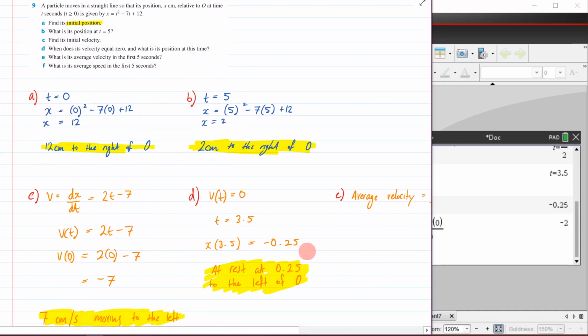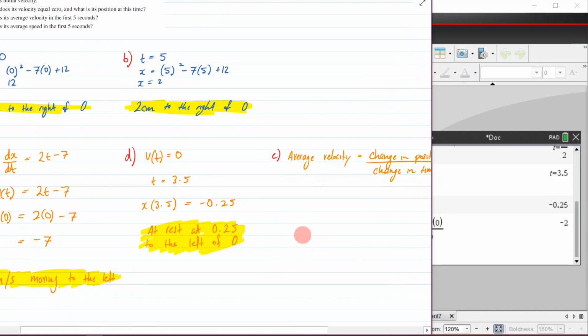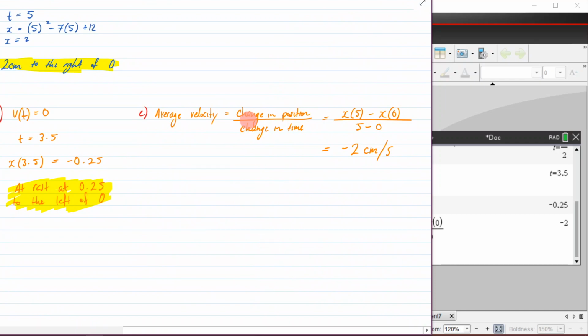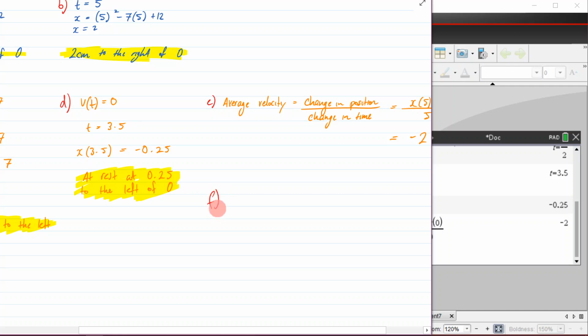Perfect. Then next it says, what is the average speed in the first 5 seconds? Now this is asking for something different. That's why they've used a different word. Let's come here, part F, right? Yes, I do know my alphabet.